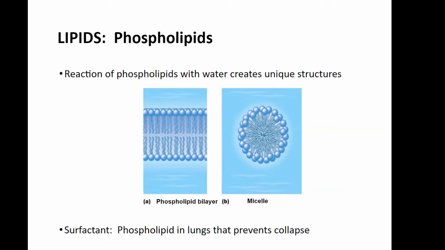And then this bilayer is protected on both sides by hydrophilic heads, or polar heads, touching water. So in this way, those fatty acid tails are nowhere near the water because they're just touching each other. And these polar heads, these hydrophilic heads, are touching the water on both sides.